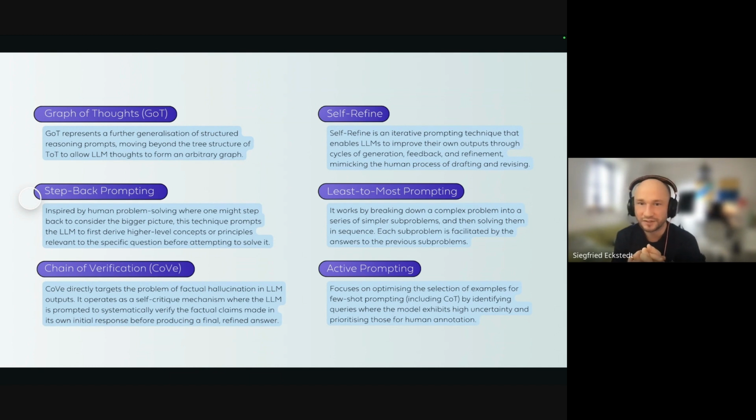And active prompting focuses on optimizing the selection of examples for future prompting. So it's something that resides in the context of CoT, chain of thoughts, in order to identify the best queries, best for when you have high uncertainty and you want to support the human annotation in this regard.